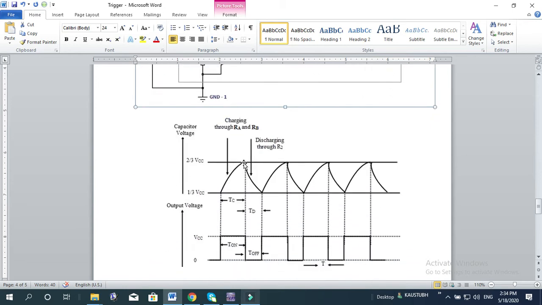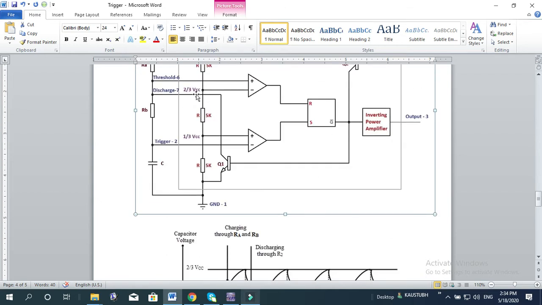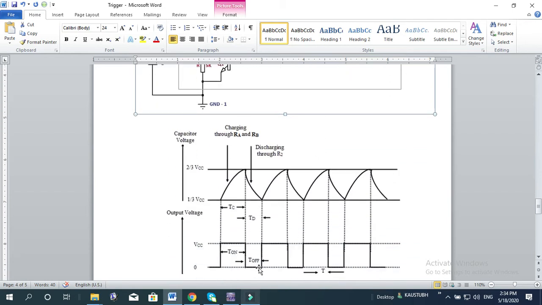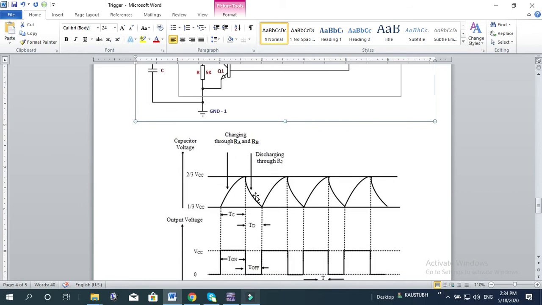So this capacitor is discharging, and it will discharge up till 1/3 of the VCC, and during that time when the capacitor is discharging through RB and this Q1, this output will go low. So the output will go low here, and once the capacitor has discharged up till 1/3 of the VCC, once the capacitor voltage reaches 1/3 of the VCC, then the cycle repeats again.